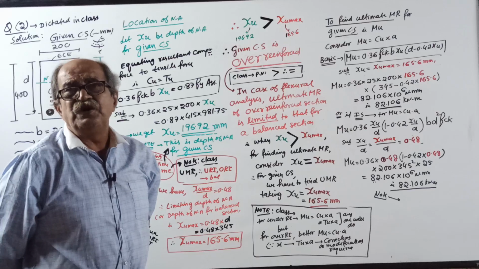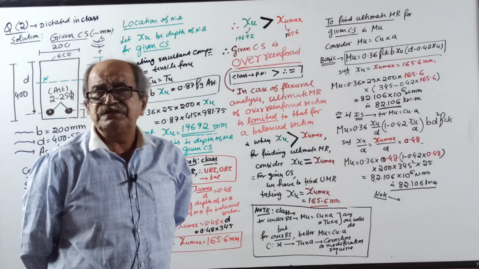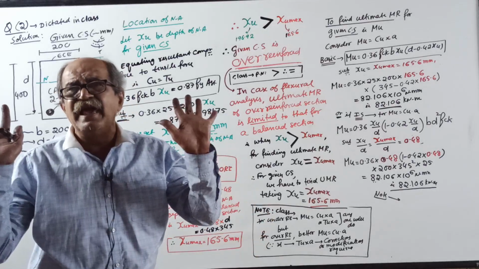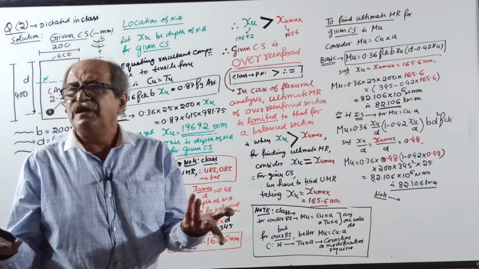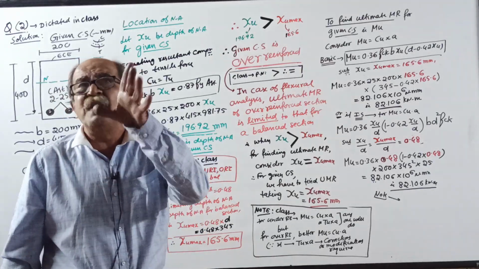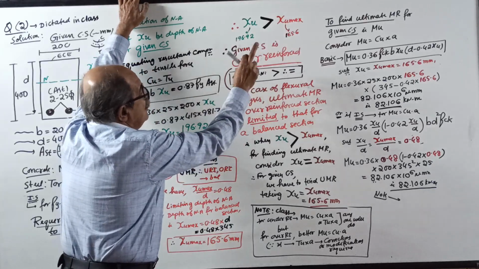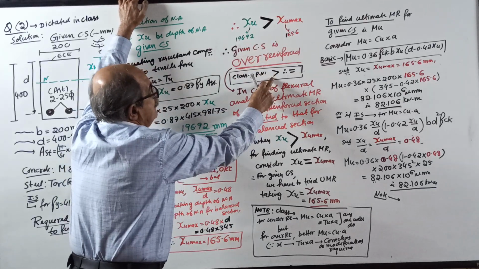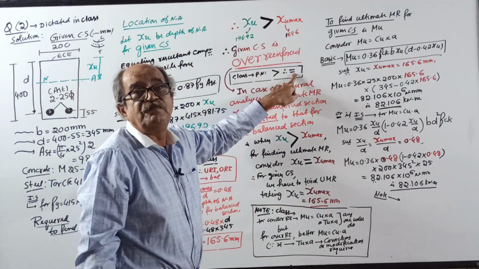In case XU comes less than XU max, under reinforced, take XU as it is. If XU comes equal to XU max, why bother? Equal means equal. But if XU comes more than XU max, one personal note, class, this is personal note. We got more, therefore more cancelled, equal.